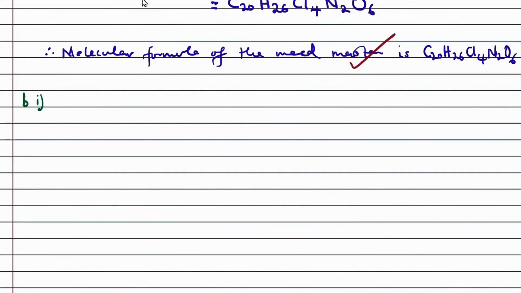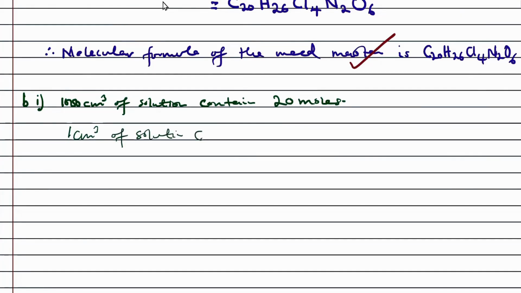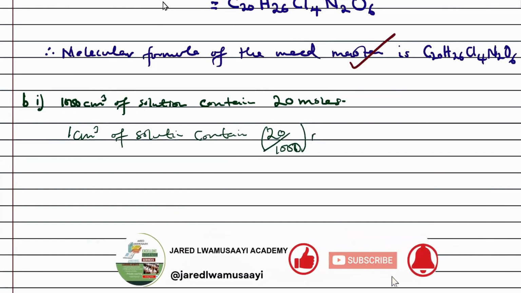So in here, since we discovered that it was molarity, we are going to say that 1,000 cubic centimeters of solution of Weedmaster contain 20 moles. So that is from the other question. So if 1,000 cubic centimeters contain these moles, what about 1 cubic centimeter of solution? We're going to have 20 divided by 1,000, and this gives us the answer in terms of moles.